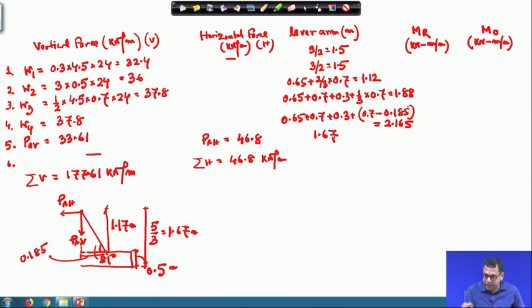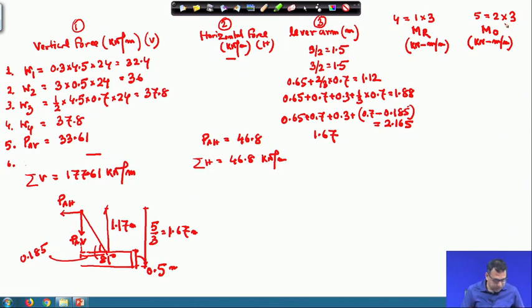Now, you have to multiply this lever arm with the vertical force. So, this is column number 1, this is column number 2, this is column number 3. Column number 4 is equal to 1 into 3, and column number 5 is equal to 2 into 3. I am just showing one calculation.